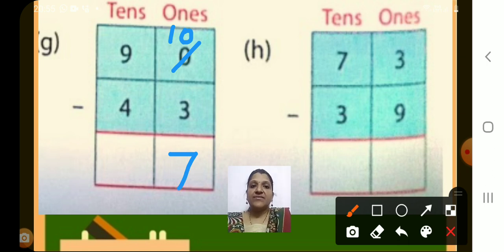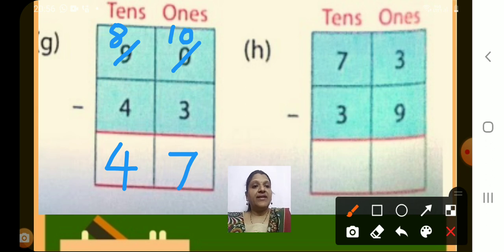And as we have taken 10 from the tens place, we have to subtract 1 from 9 and write the answer as 8 above it. So now we will do the subtraction of numbers in the tens place. 8 minus 4 equals 4. Correct. So the answer is 47.